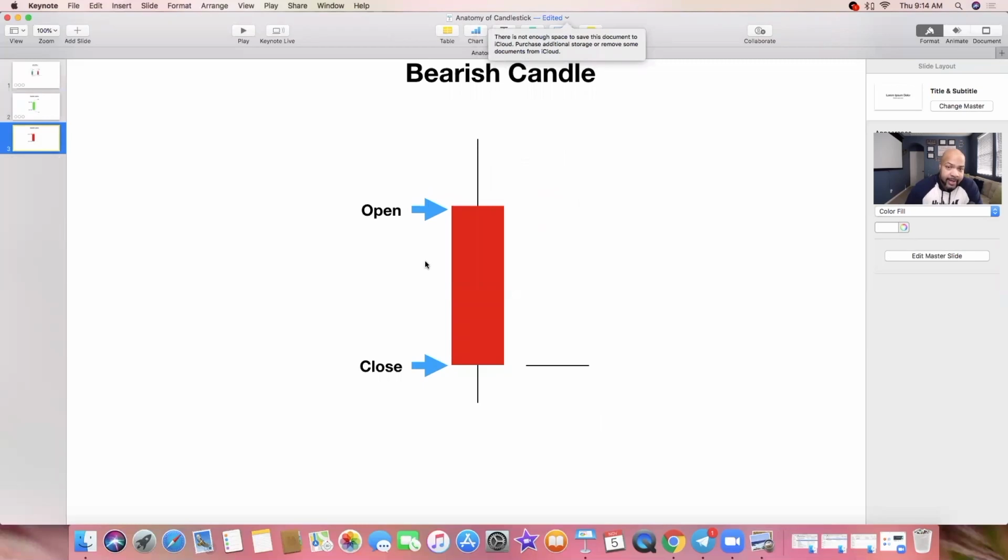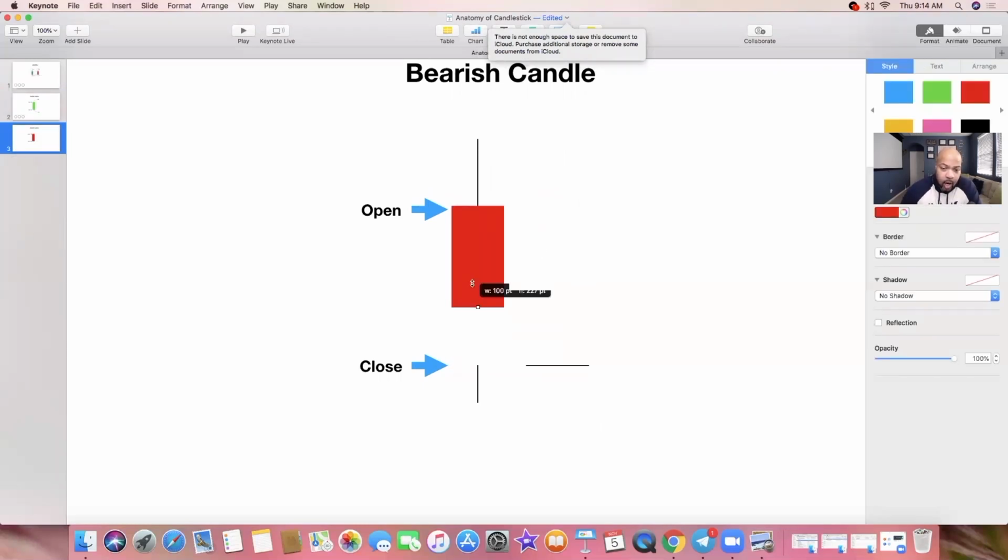The same in a bearish candle, okay? The candle opens, and as it goes up, it's actually green. So whenever price goes higher than the open, it turns green. It went all the way up here, then it starts to form this wick.